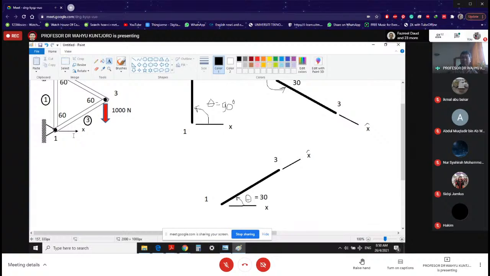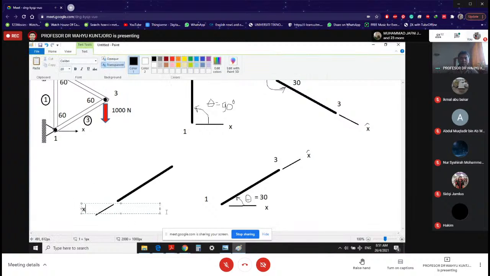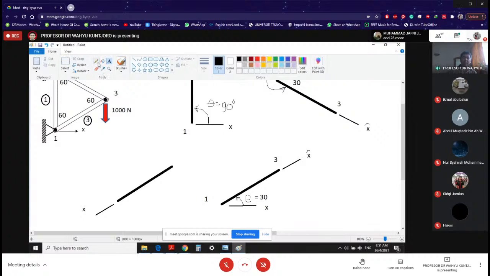Now, let's say for element number 3, you decide that you are not going to follow the Cikgu, for example. You like it that your X local is going to be in that direction. Okay, that's your X local. That's fine, because I don't ask you to write down the equation.